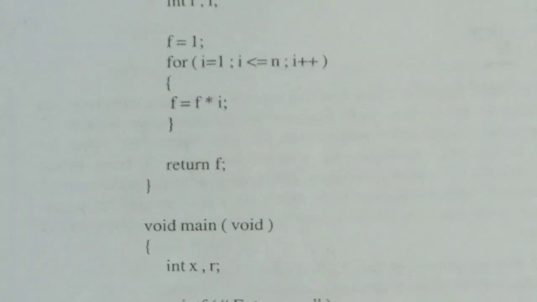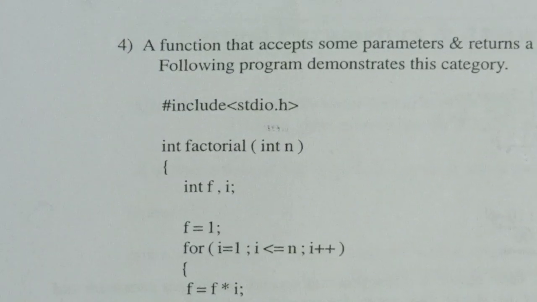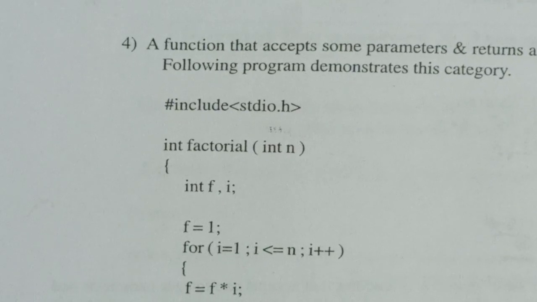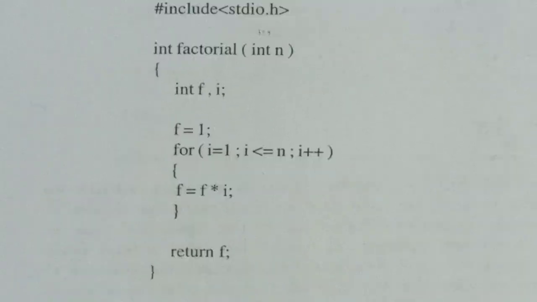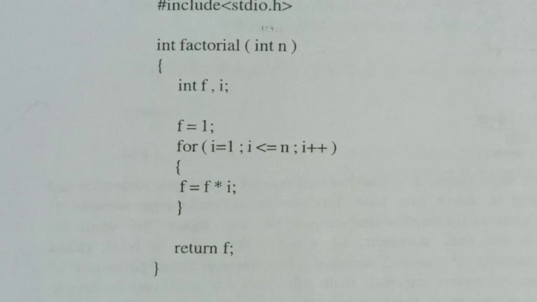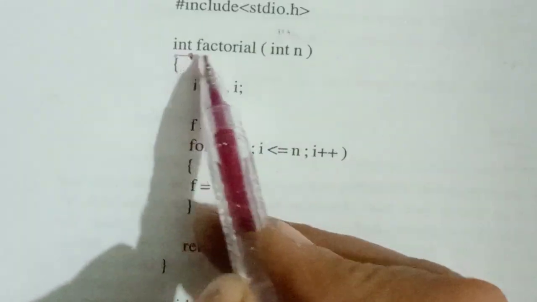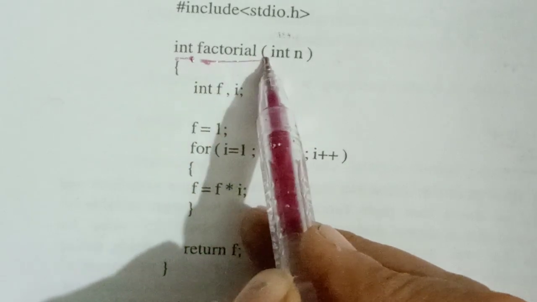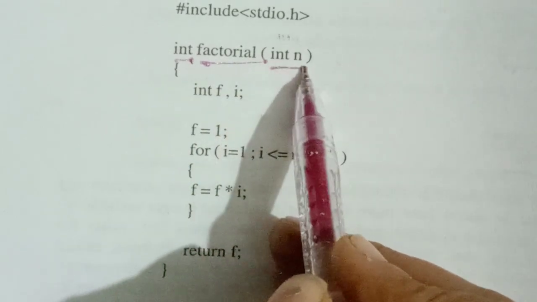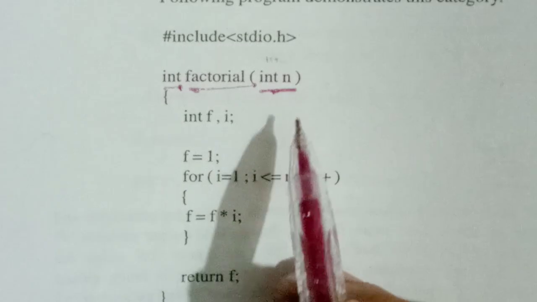Now next we will be writing a program for a function which accepts a parameter and returns a value. Here is the function int fact, because it is returning a value of type integer, and the name is factorial and we are passing it a value of type integer.